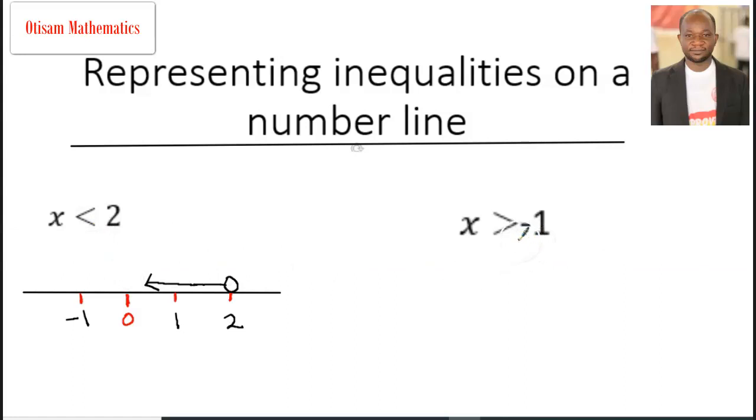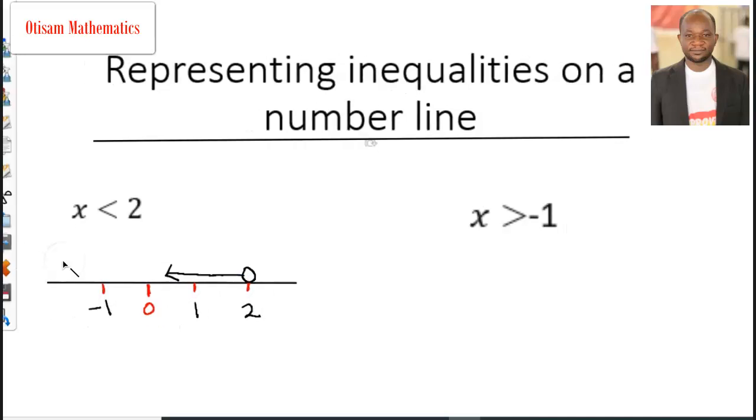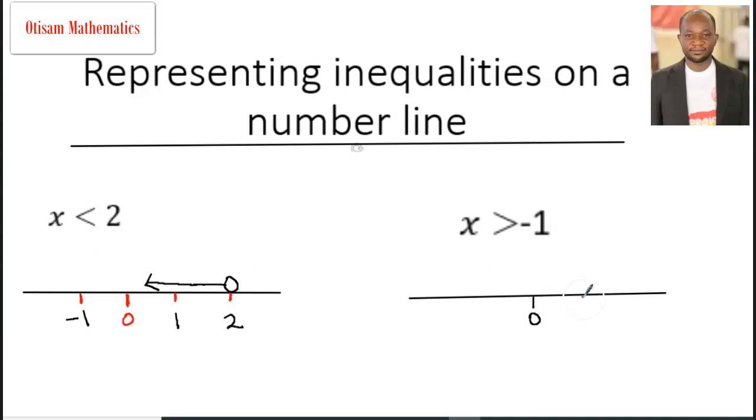Let's look at x is greater than. When it is less than, it means that all the numbers below are strictly less than, so the circle here is unshaded. We point the arrow to the left hand side. Let's look at the next one. x is greater than negative 1. So let's draw a number line. For number line, 0, we have 1, we have negative 1.